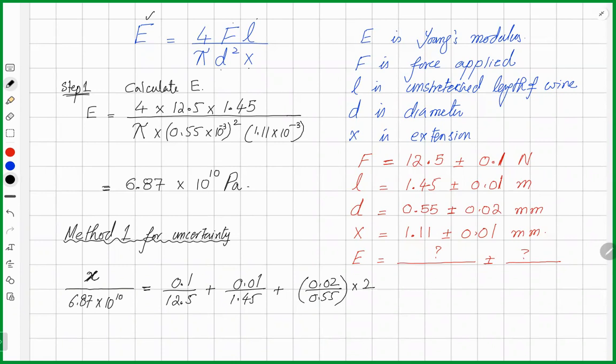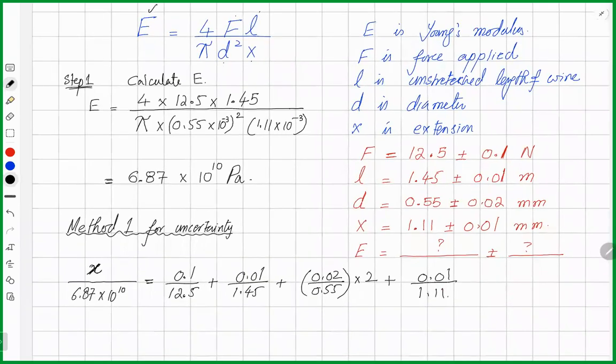I hope you understand why. Because there is D squared, it means there is another D. Either I can do plus 0.02 over 0.55, or I can multiply this one with 2. Plus the uncertainty of X, which is 0.01 divided by 1.11.